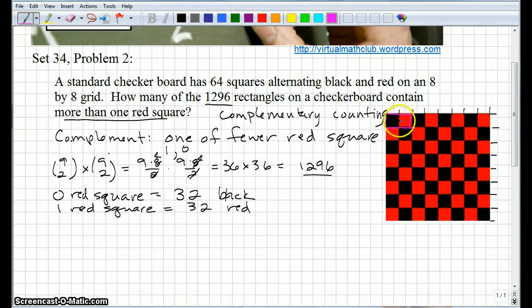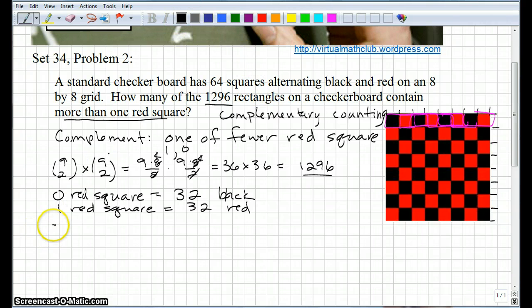There's 1, 2, 3, 4, 5, 6, and 7, right? So we'll end up having 7. Maybe I should just draw this.